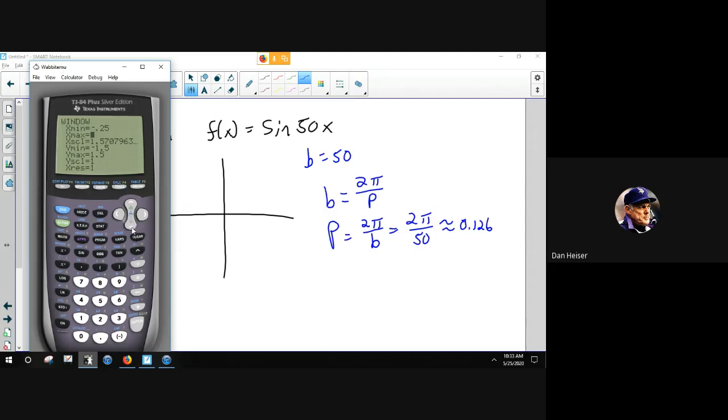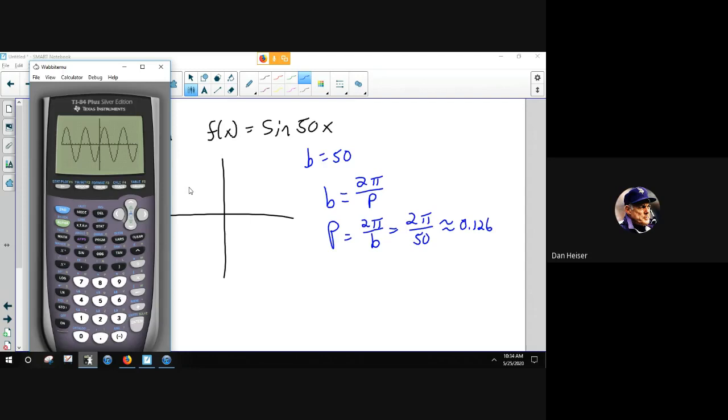That would explain it. 0.25. And I'm going to make the scale 2/10. So every tick mark on the x-axis will be, no, that's too much. 0 to 200ths. There we go. Now we get a nice, smooth sine graph to scale.